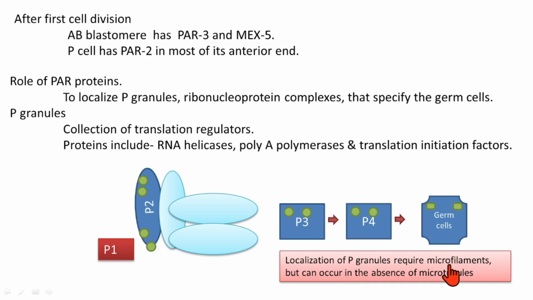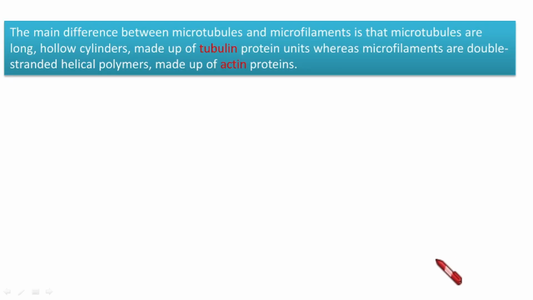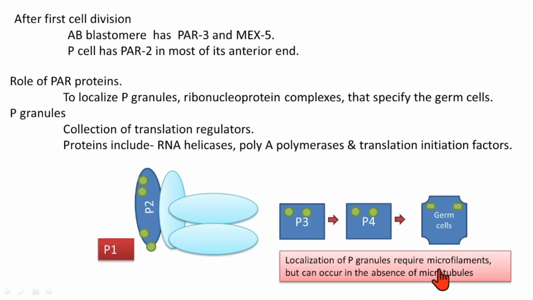These are two cytoskeletal elements of cells. The difference is that their building blocks are different. Microtubules are formed by tubulin proteins, and microfilaments are formed of actin proteins. That is the difference. These are two different cytoskeleton elements of the cell.